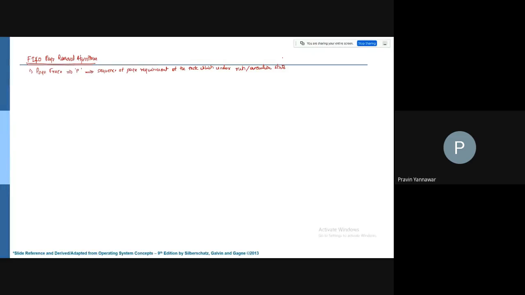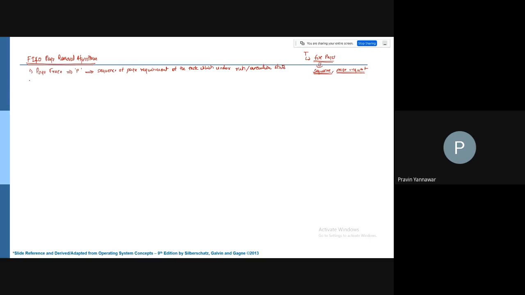For example, a task T is having five pages. Then based on these 5 pages, I can build a sequence of page requests. This is important.